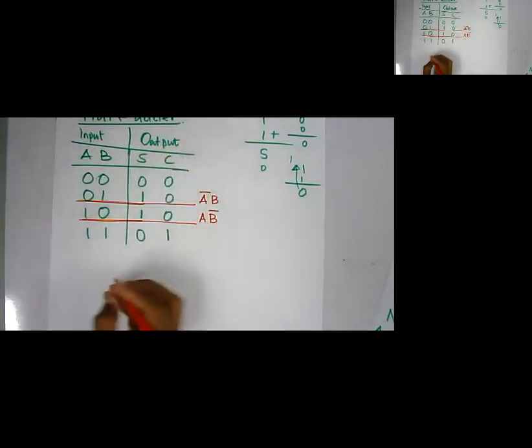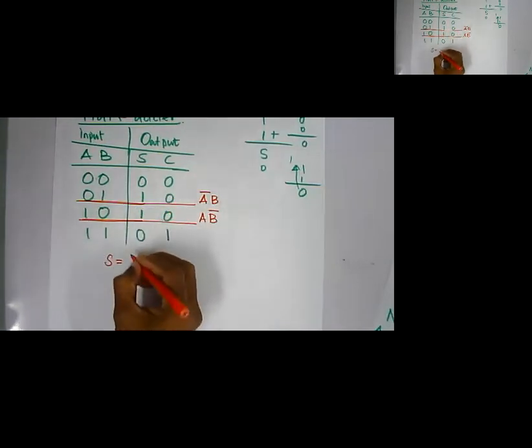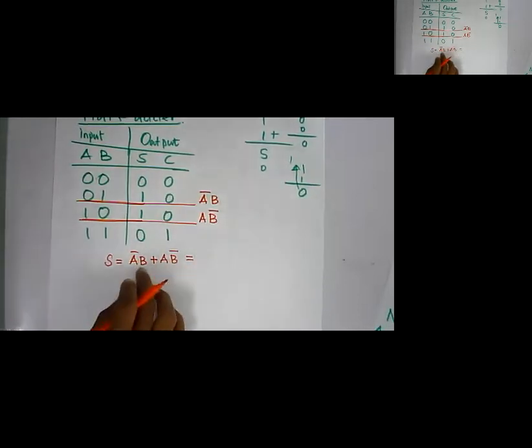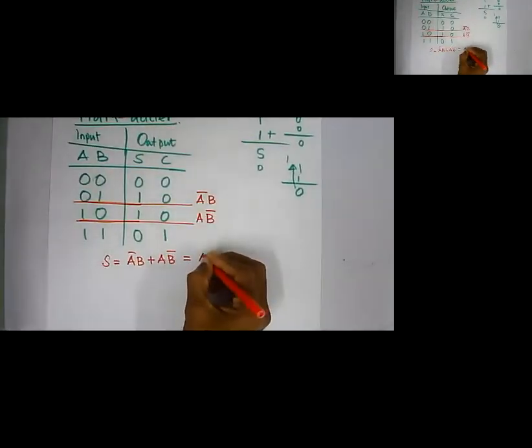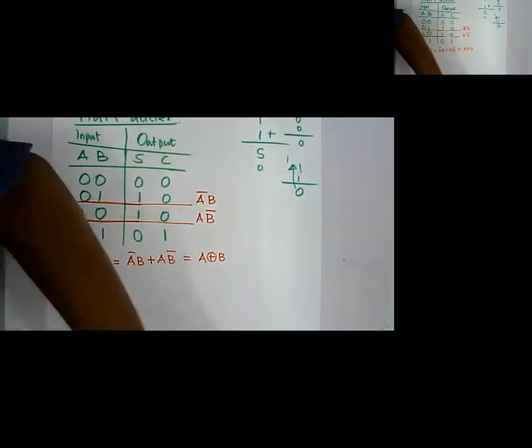So I can say that my sum is this one and this one: A bar B plus A B bar. We have already seen that A bar B plus A B bar becomes A XOR B. Similarly, we need to do the same thing for carry.